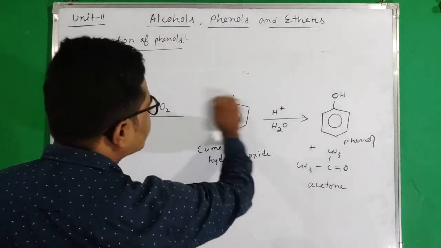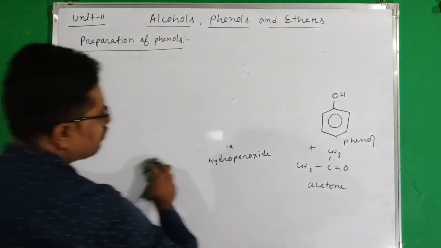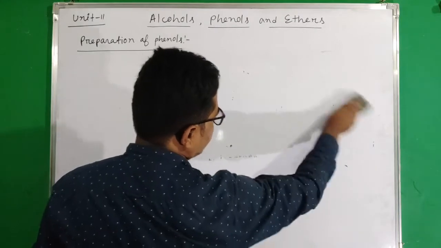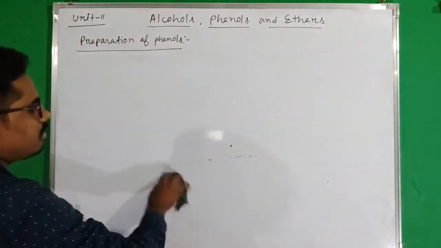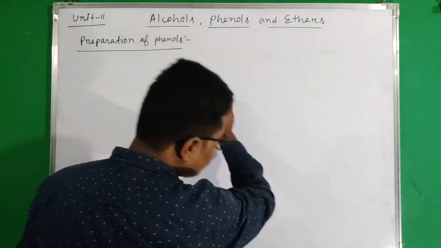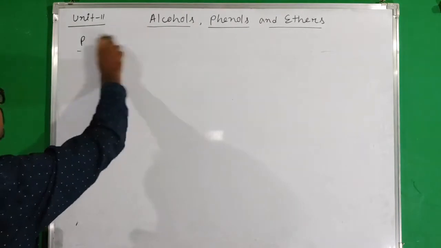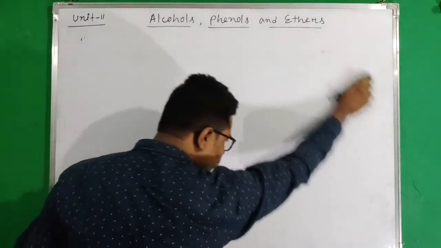So we have completed the chemical methods for preparation of alcohols and phenols. The chemical methods for preparation of alcohols we studied in our previous class, and in today's class we have studied preparation of phenol, okay.